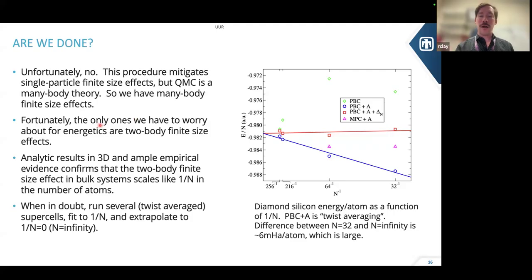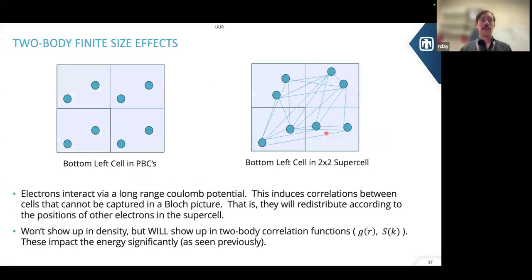So we really need ways to understand where this is coming from and how we correct it. Just taking a step back, one way you can wrap your brain around two-body finite size effects is to pretend that I'm doing a single unit cell calculation over here in periodic boundary conditions.